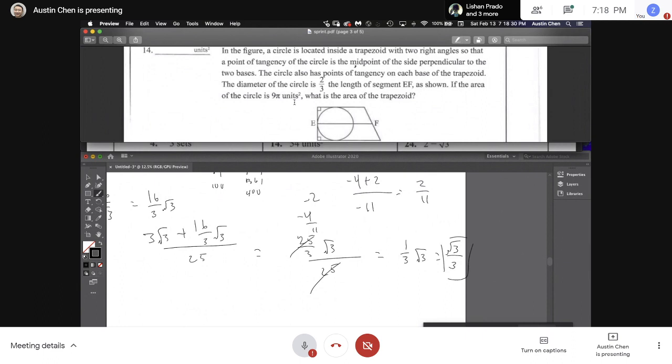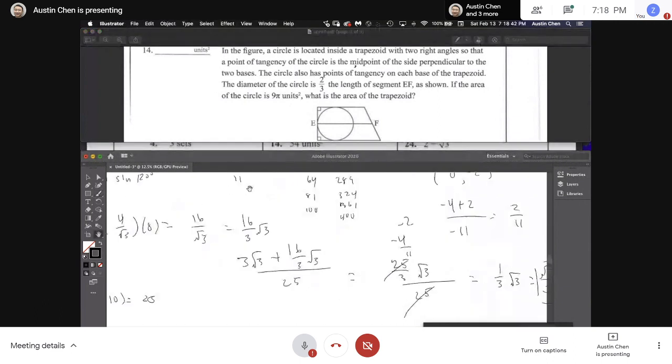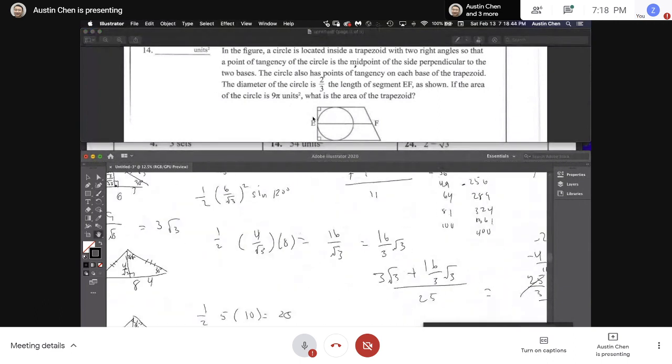Because we're given the area of the circle, we can find the diameter, and then we're given that EF is 2/3 of the diameter, and this length right here is just the diameter. EF is going to be the average of these two bases because this E point is the midpoint of this side.